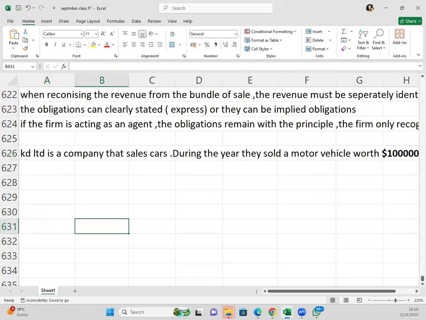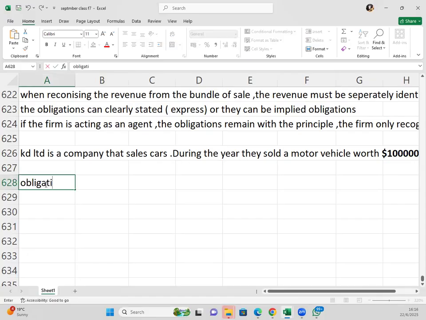So what is it that is key here? There are two obligations. Let's start with understanding the obligations here. Let's assume the contract was completed, and which are the obligations?